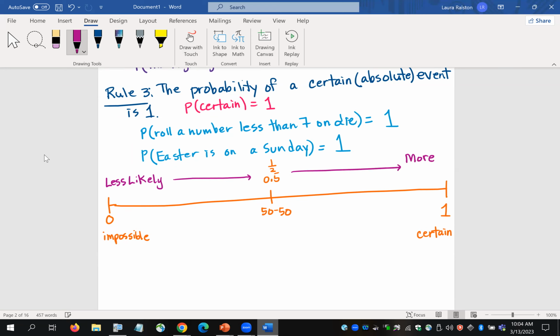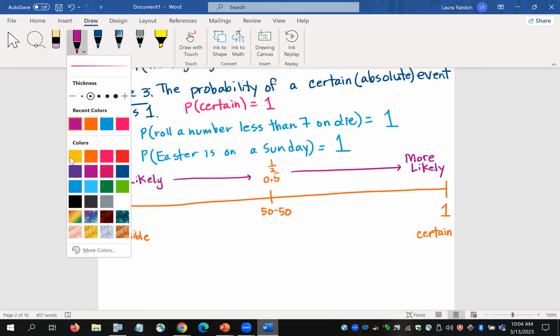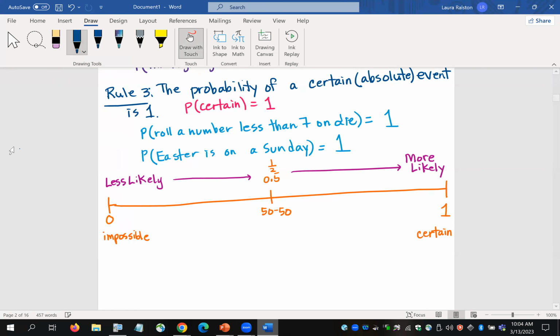So we move from being less likely to more likely. The closer you are to one, the more likely the event is to occur. So you can think about it as a graduated scale, sort of like a thermometer. The closer you are to zero, the less likely it is to occur. The closer you are to one, the more likely it is to occur.